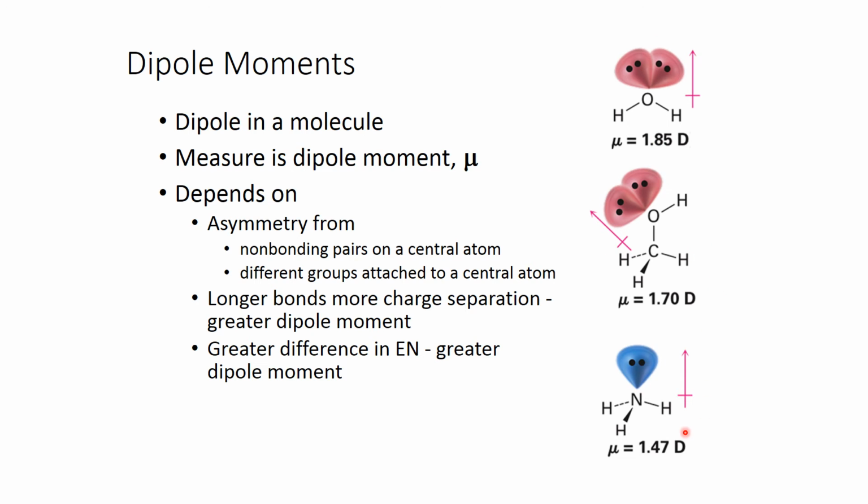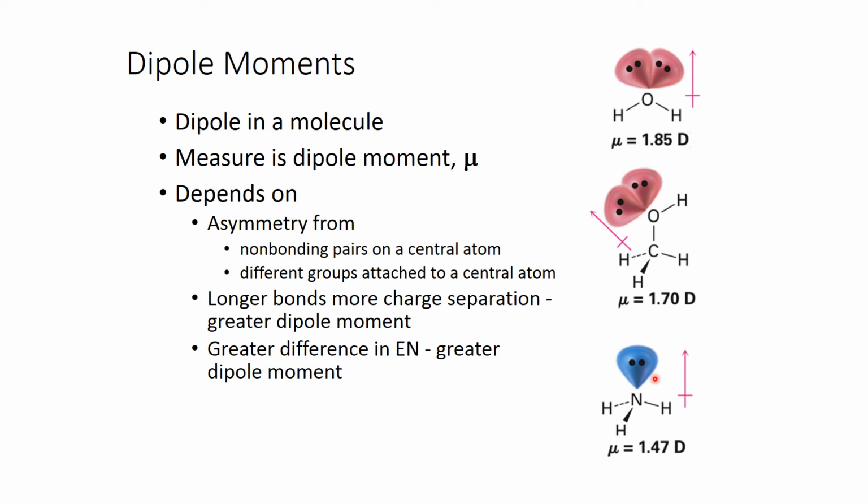If I look at ammonia, del positives are all down here, del negative up here, and so we end up having a del positive on this side of the molecule, negative on this side of the molecule, and the measurement of it overall is pretty good and strong. Notice where we are getting dipoles: it's when there are non-bonding pairs.